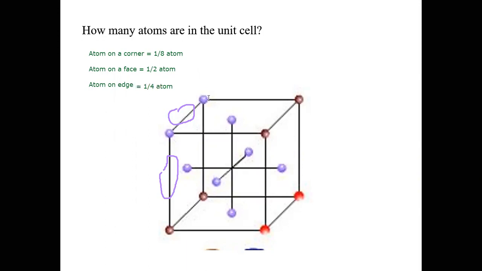Knowing this, we can determine how many atoms there are in a unit cell. This cube, or this unit cell, has 8 corners. Each corner has an atom. So we have 8 times 1/8 equals 1 atom. And this cube has 6 faces. Each face is 1/2 of an atom. So that's 3 atoms.